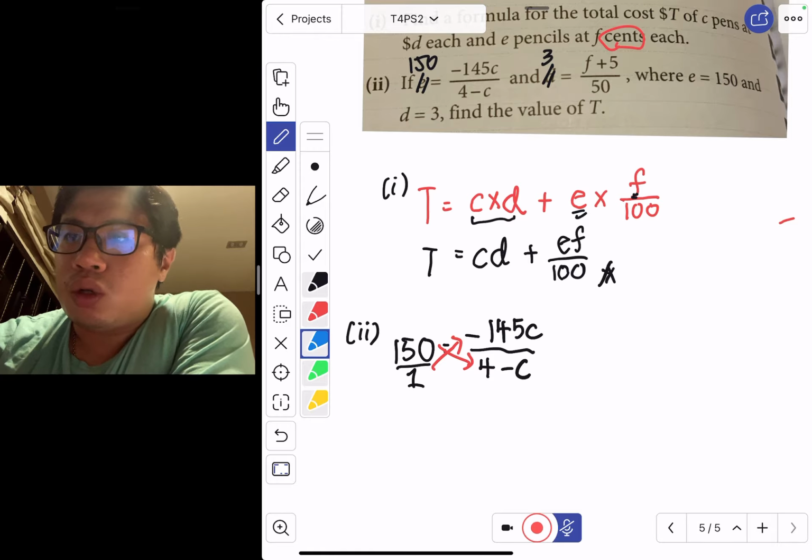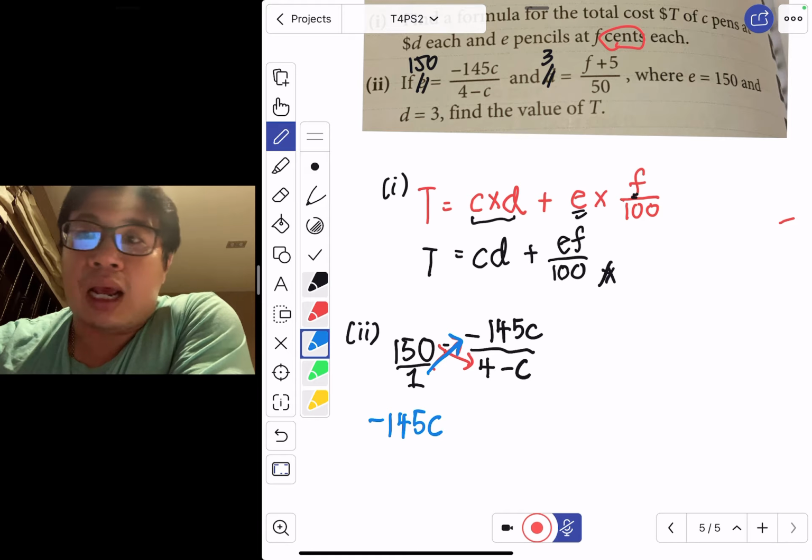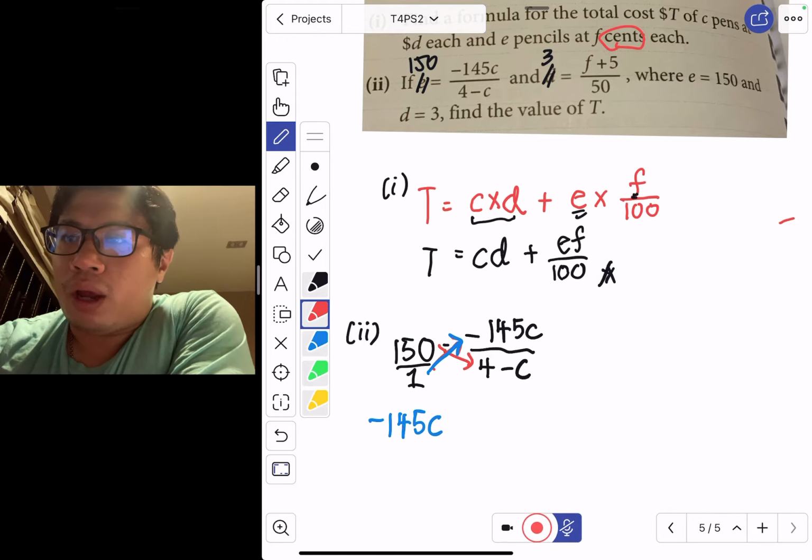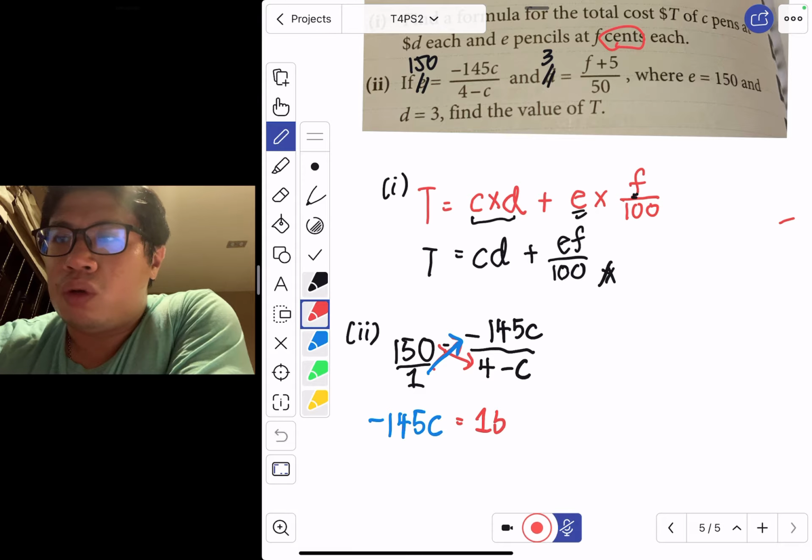So the blue arrow will give you negative 145C, since 1 times negative 145 is negative 145. On the right hand side, you have 150 multiplied by 4 minus C.